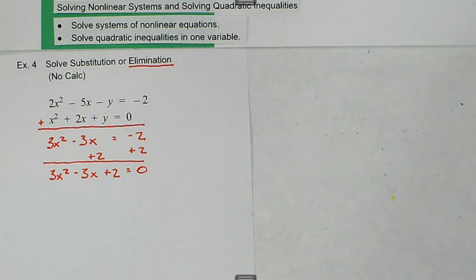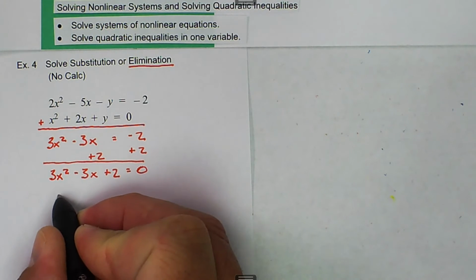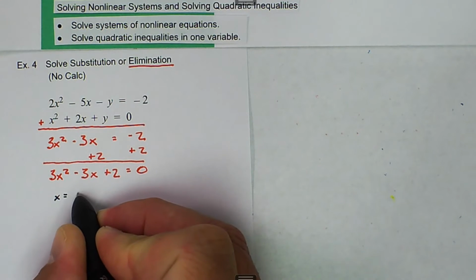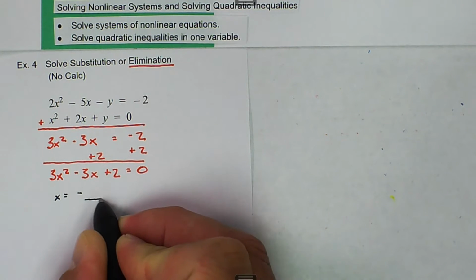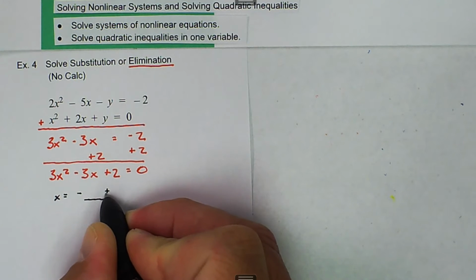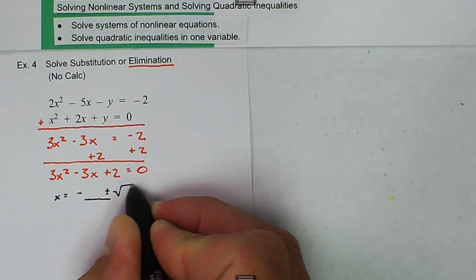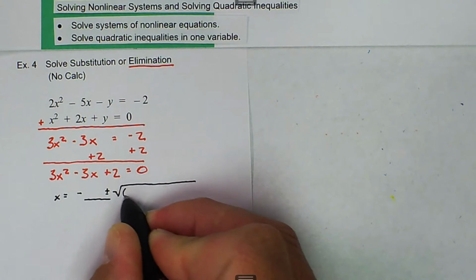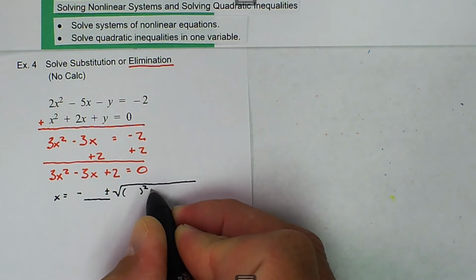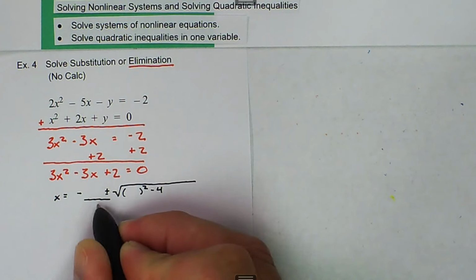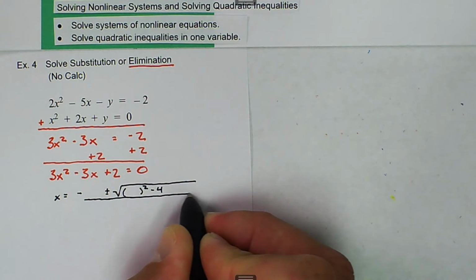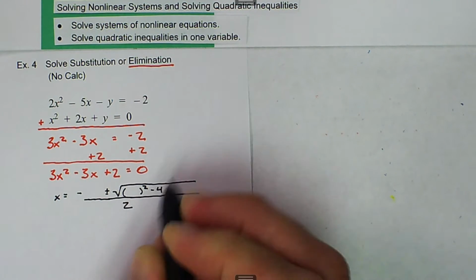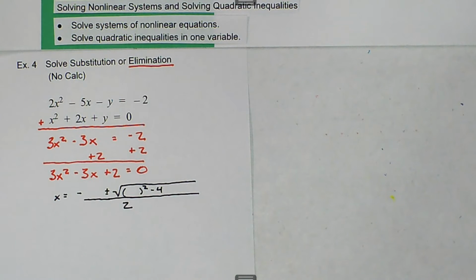And in the quadratic formula, we know that x equals -b plus or minus the square root of b squared minus 4ac, all divided by 2a. So those are the things that are never going to change.